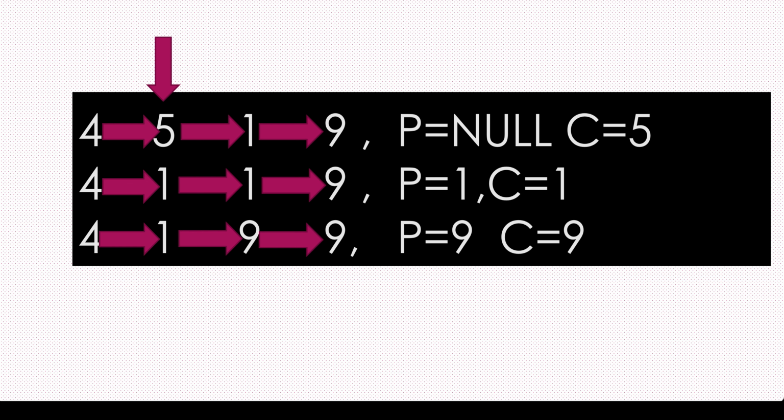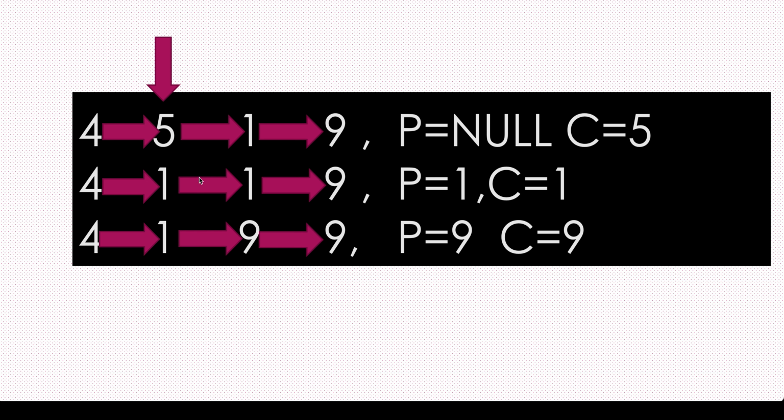We'll simply replace the value of the current with the value from the next. So this 5 will be replaced by 1. After that iteration it will become 4 1 1 9, and we'll move to the next position. The previous will become 1 now, and the current also will move to the next one.